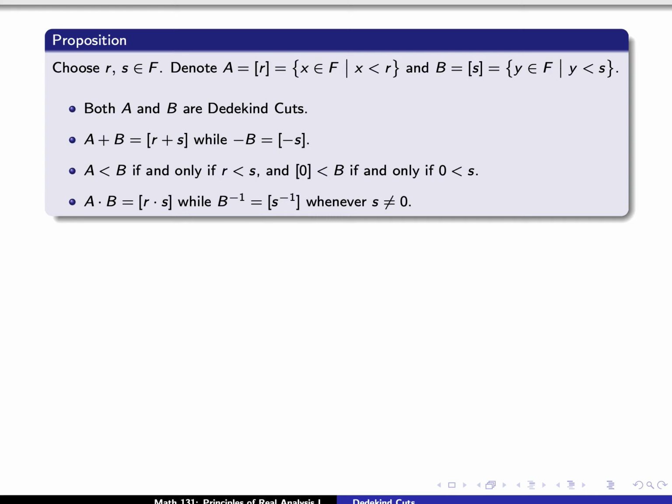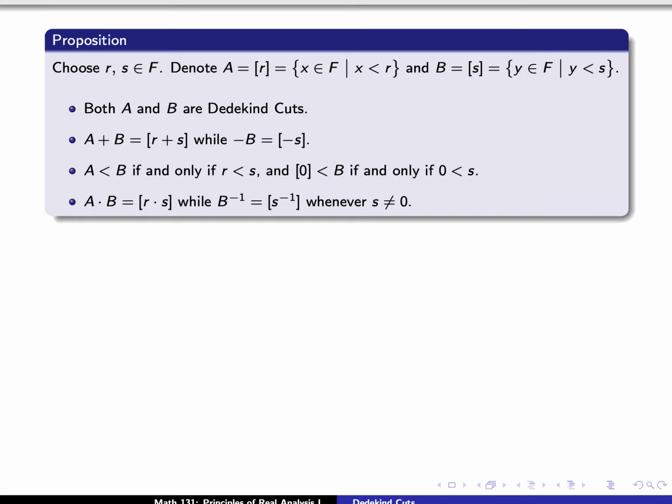Also, the sum A plus B is just square bracket R plus S, whereas the negation negative B is the square bracket negative S. So this really means if we think of an element R as the same thing as the Dedekind cut square bracket R, then addition and negation make intuitive sense.